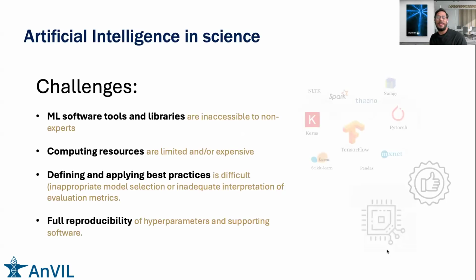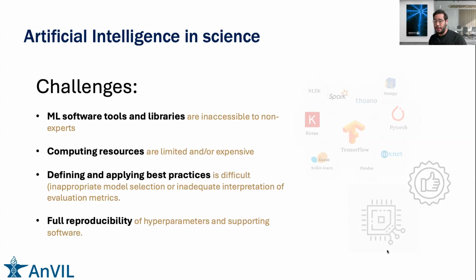Let me start off describing where these tools that we are developing came from. So a lot of people now are using artificial intelligence to do research. If you look online, you're going to see a bunch of publications now involving machine learning models to predict patients' response or treatments, etc. And a couple of challenges.